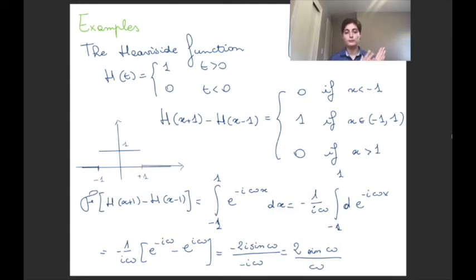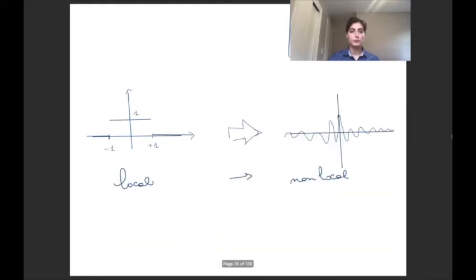So we went from a function defined over x to a function defined on omega. Omega is the kind of variable that can go from minus infinity to plus infinity. Notice that we went from a function that is local, that gives us information only between minus 1 and plus 1 and everywhere else is 0, to a function that is non-local, the sine that is rescaled to tend to 0, but it's still non-local information.